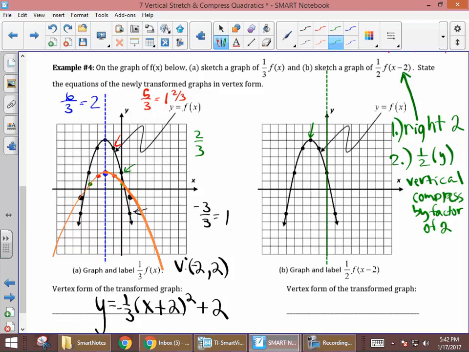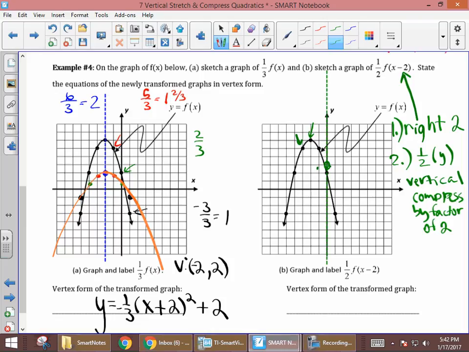Half of that is 3, which would normally take it right there, but I need to move it right 2. If you'd like to do it in steps, you could. You can move this entire parabola right 2 units first, and then do everything half of what it once was. But that's your call.